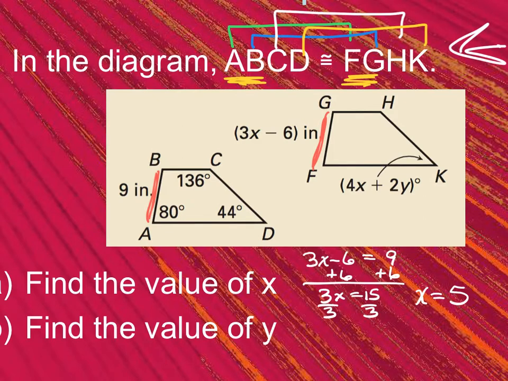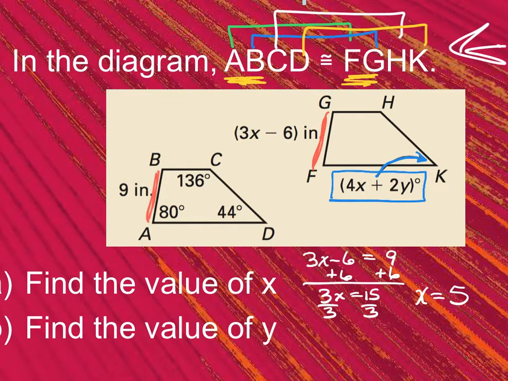Now that I found the value of x, that x value is going to be the same that I could use to plug in for angle K. So notice the next expression that has the y in it is over here. Notice it's got the little degree symbol and it's pointing right here.